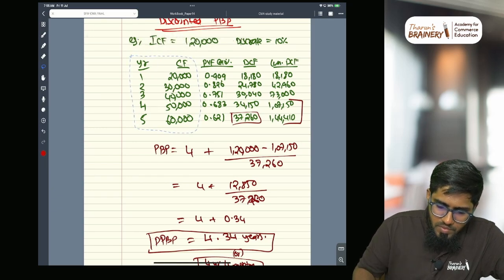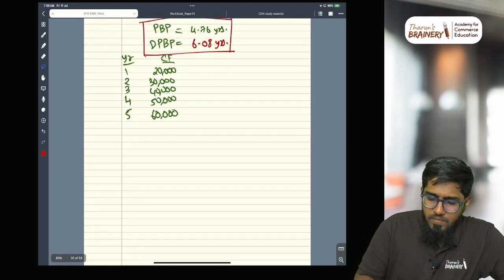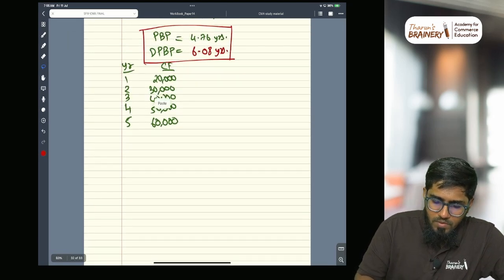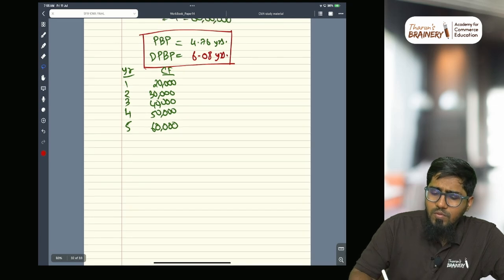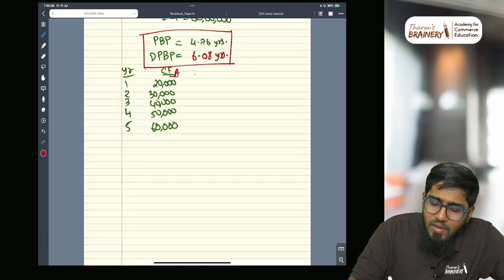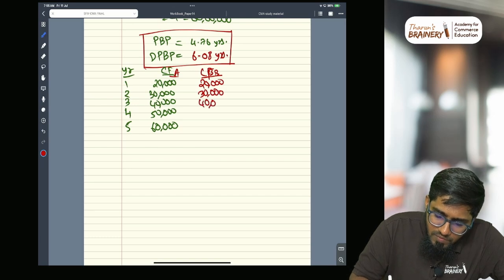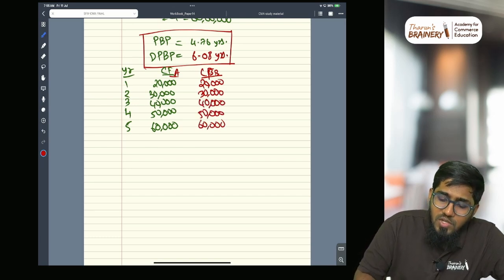So, copy and then paste it here. Now, see, everyone, this is cash flow A. Let me again write cash flow B here. Again 20, 30, 40, 50, 60.